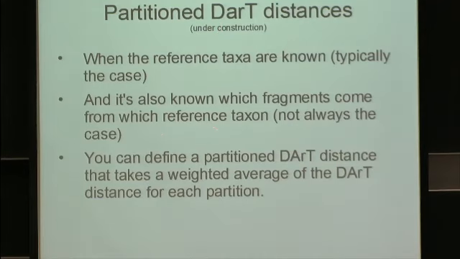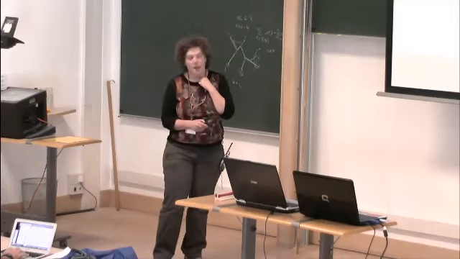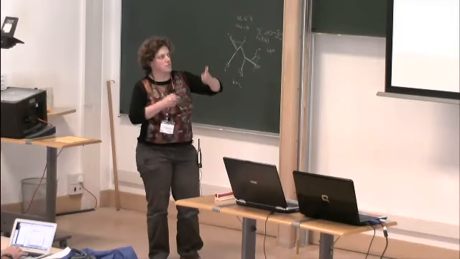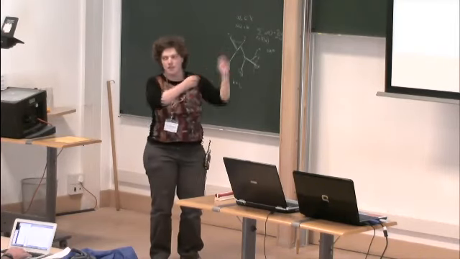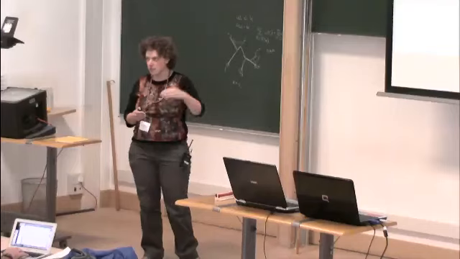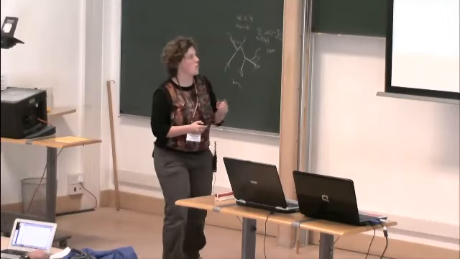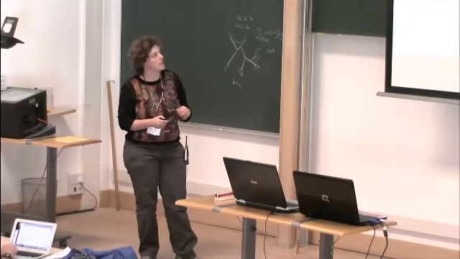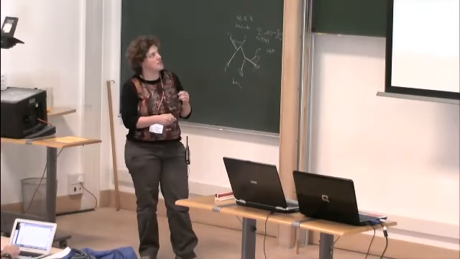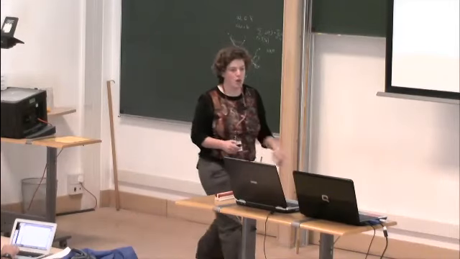It's also known for each particular fragment, or each site in your character matrix, which reference taxon it belongs to. So in that case you should be able to partition your character matrix into different sets that are known to have come from different reference taxa, and take some sensible weighted average over those. Simulations to test that idea are still ongoing.